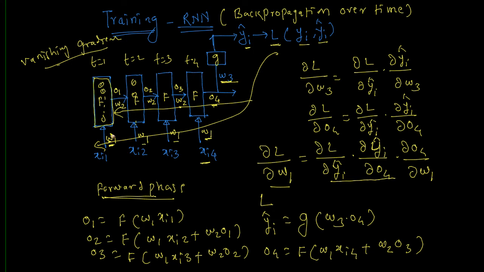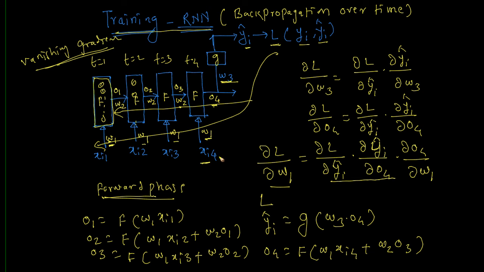If the derivative is too small, the weights will not be updated. So this can cause the problem of vanishing gradient. We'll see how to solve this by using other types of networks. This is the problem with training an RNN if we use sigmoid or tanh activation units.